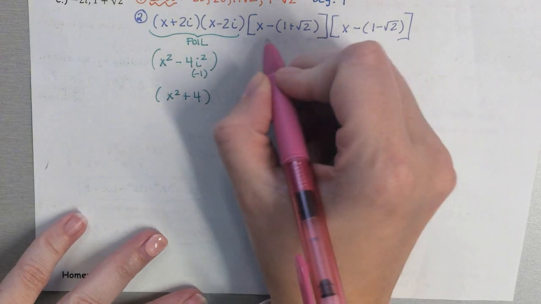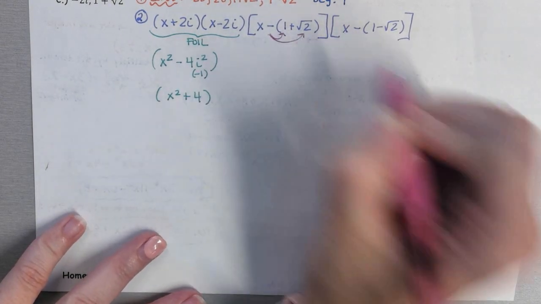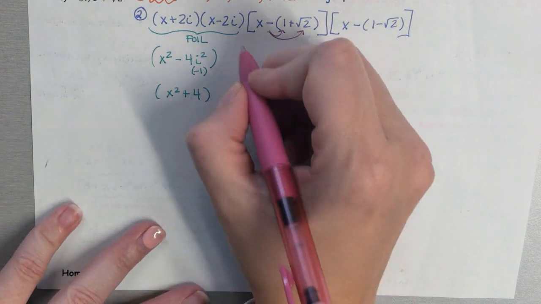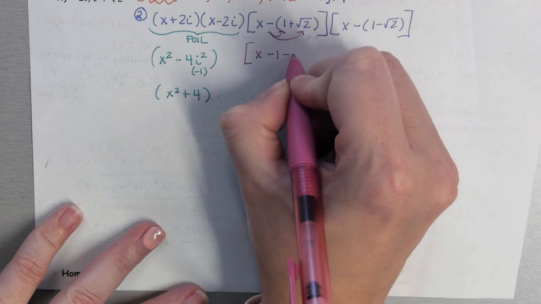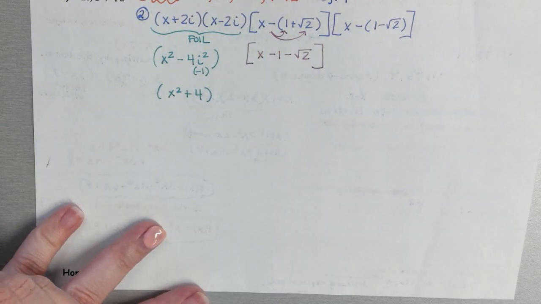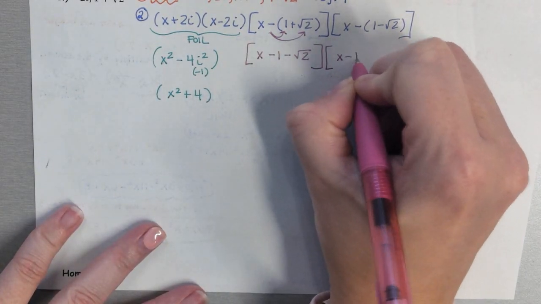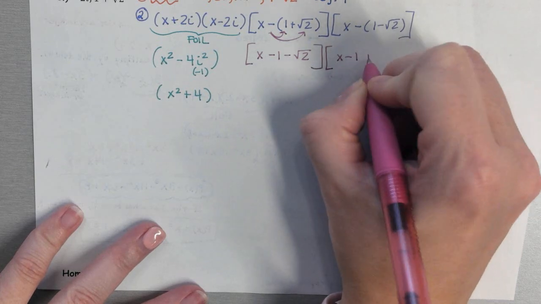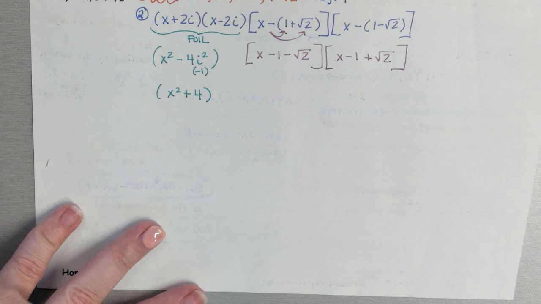All right, so the first thing we want to do here is distribute this negative. Okay, that's what we're doing. We're distributing the negative, so this becomes x minus 1 minus root 2. Okay, and then we're going to distribute the second one. So this is x minus 1, and then minus a negative becomes plus. And now we regroup.